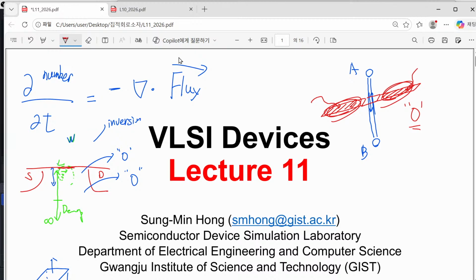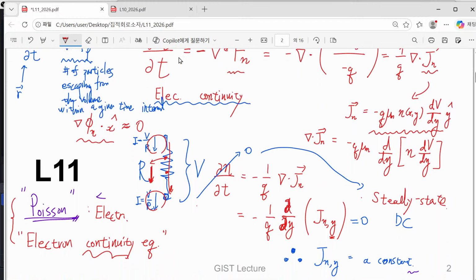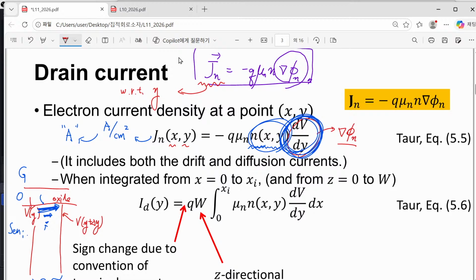However, if it covers the most populated part here, then that is enough. You don't have to consider the deep substrate because there are no holes, no electrons, and they do not move. So that is nothing related to our area consideration. So why am I saying it that way?